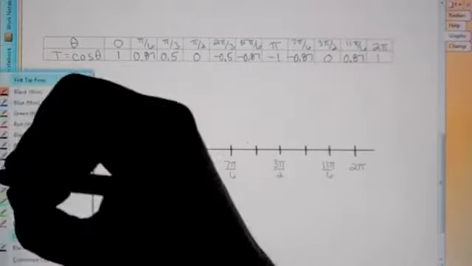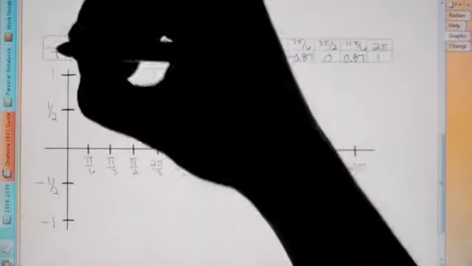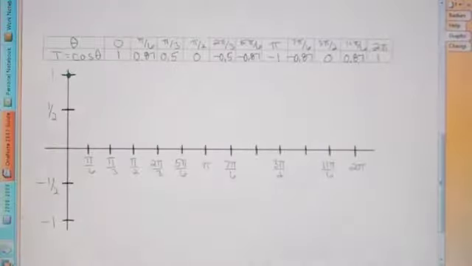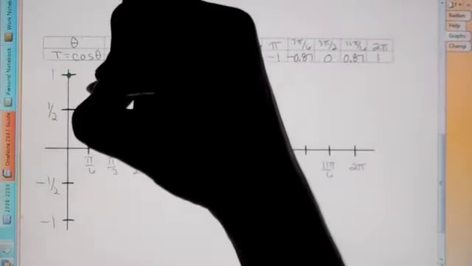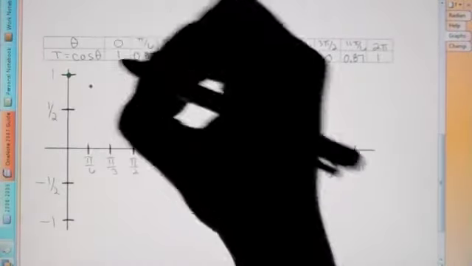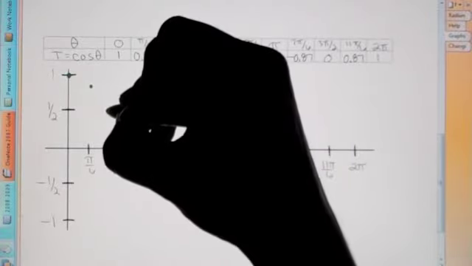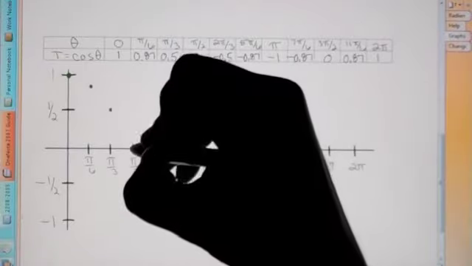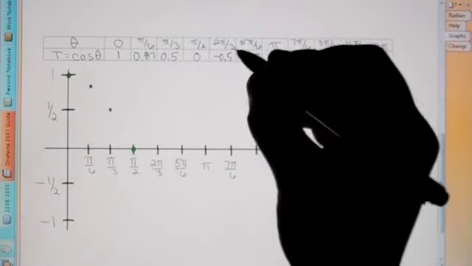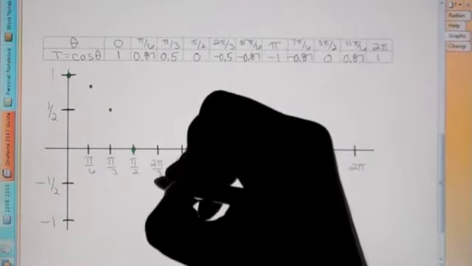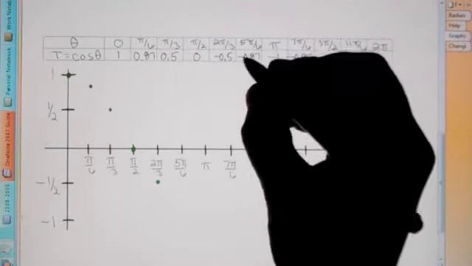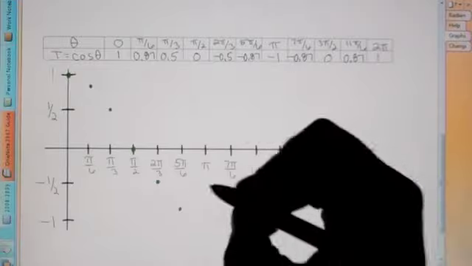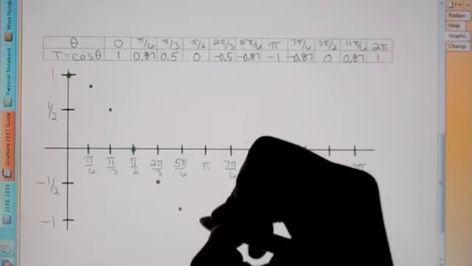So if we were to graph this, again I'll go green. When x is 0, your y value is 1. At pi over 6, it's at about 0.87. At pi over 3, it's up at 1/2. At pi over 2, it's at 0. At 2 pi over 3, it's at negative 1/2. 5 pi over 6, it's at negative 0.87. At pi, it's at negative 1.